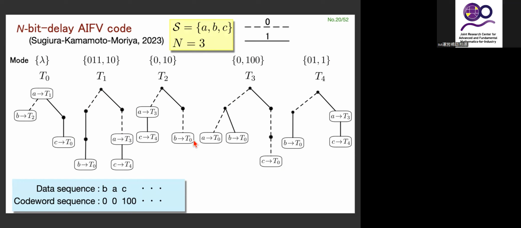So AIFV code is usually not as efficient as ANS or AEDS, because in the case of ANS, N is usually 100 or 1,000 like that. So the number of states is very different between ANS and the AIFV code.